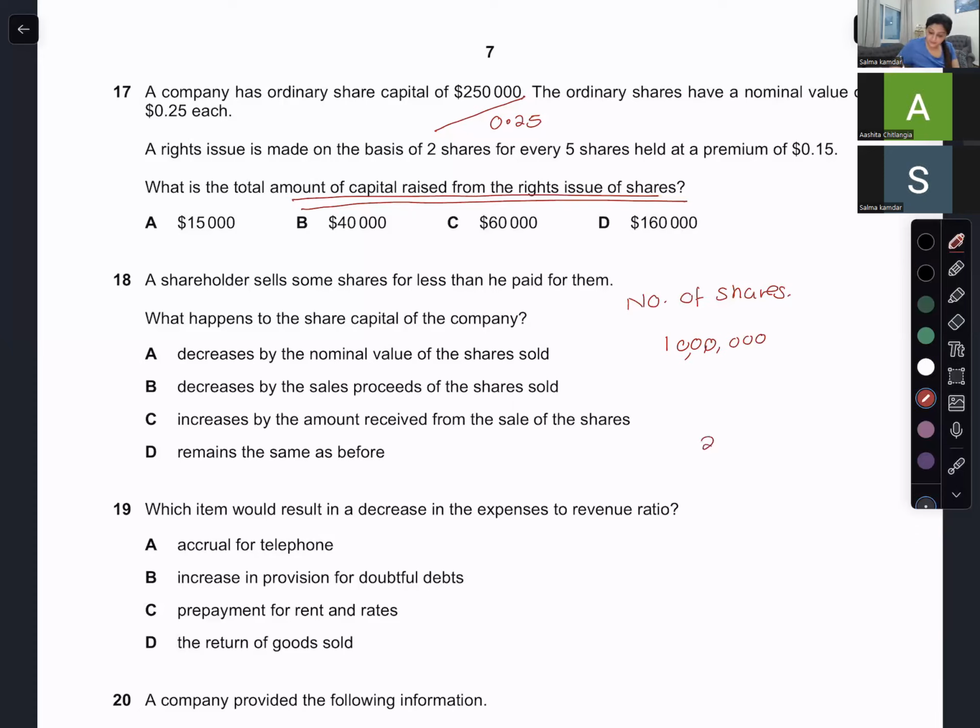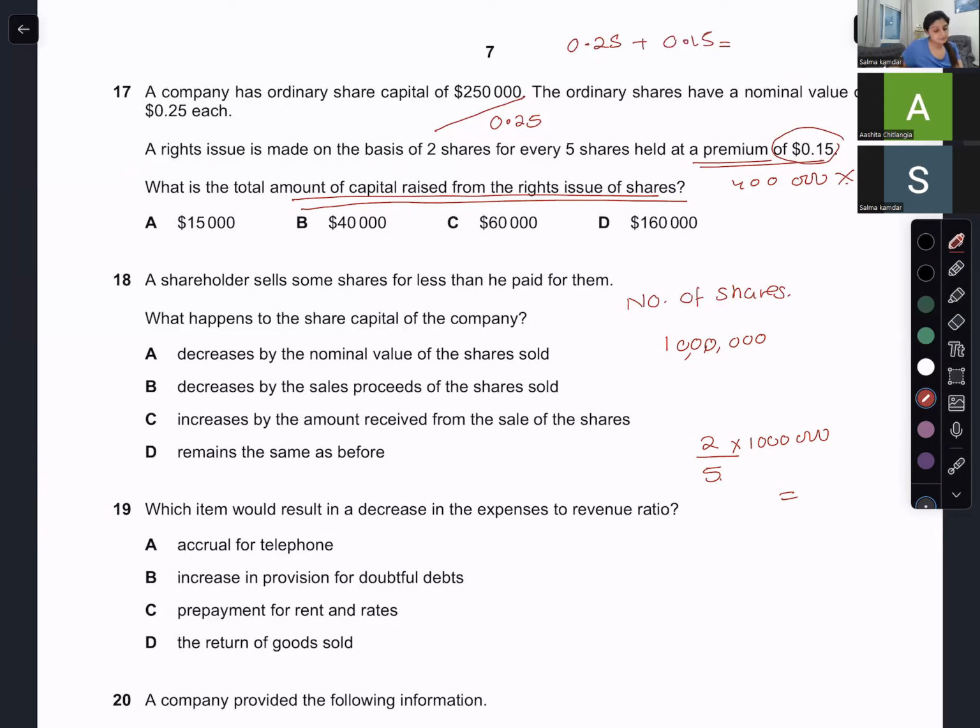Now they are giving 2 shares for every 5 held. So 2 upon 5 into 1 million, which is equal to 400,000 shares. We have to multiply that by 0.15. No, this is being given at a premium of 0.15. So they will take face value plus they will take premium.